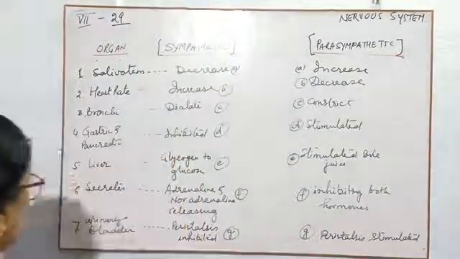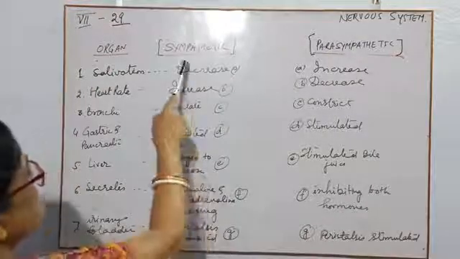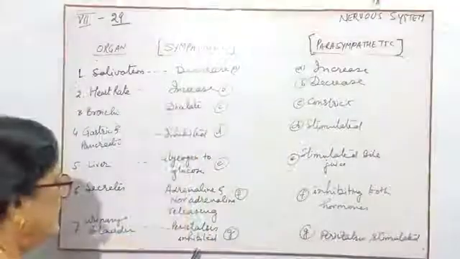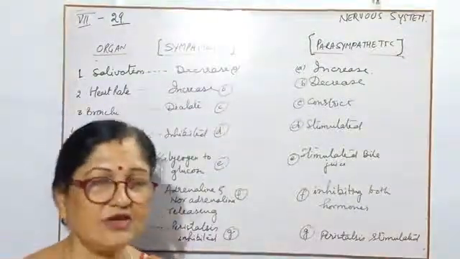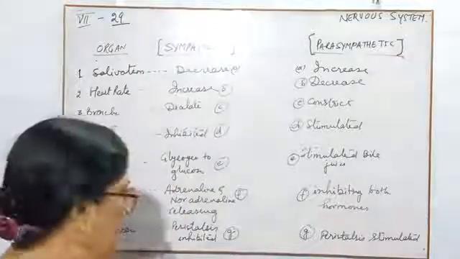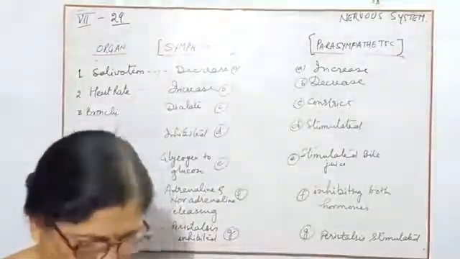Okay. Now next one, urinary bladder. In case of the sympathetic system, the peristalsis movement is inhibited or reduced. That means the urinary bladder remains in its own position.